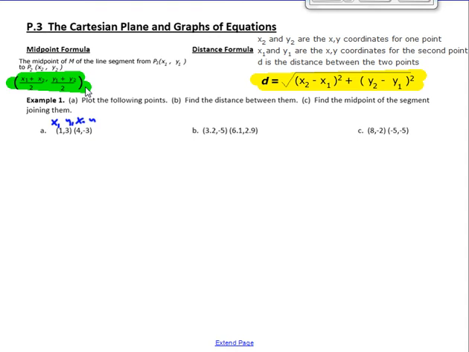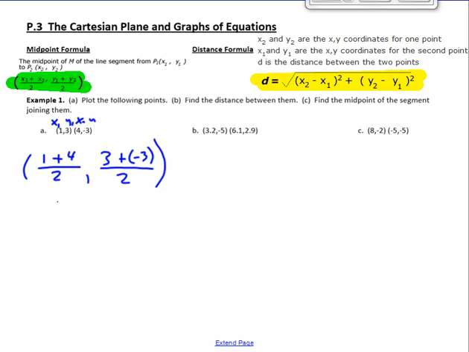So we're taking the average of the x's, the average of the y's, and we're finding the midpoint by doing that. And so we're going to use the same x1, y1, x2, y2. We've got parenthesis x1, which is 1, plus x2, which is 4 divided by 2. And then we've got y1, which is 3, plus a -3 divided by 2.